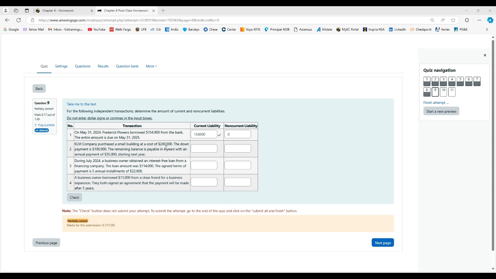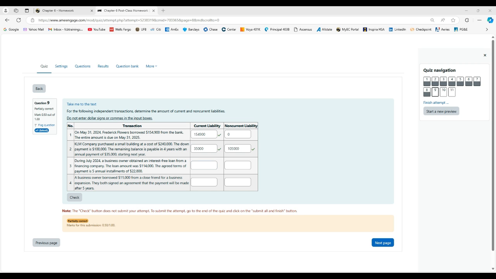We're going to owe this in 4 years with an annual payment of $35,000 starting next year. So the current portion is just the portion that's due next year, and the non-current portion is the $140,000 less the current portion. So I got $105,000.